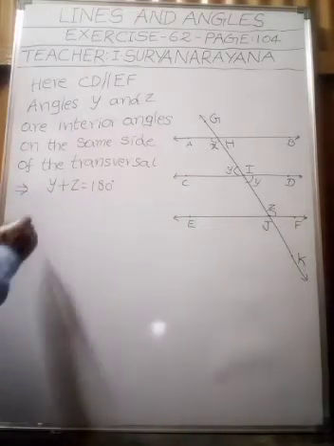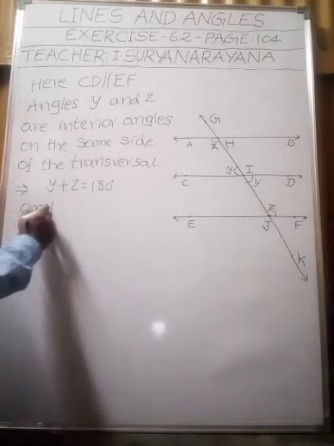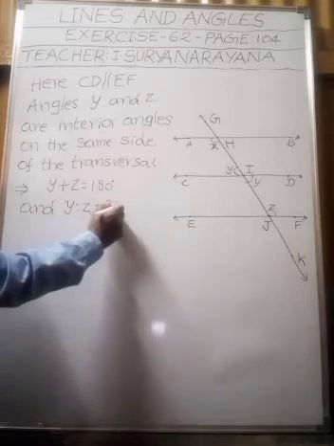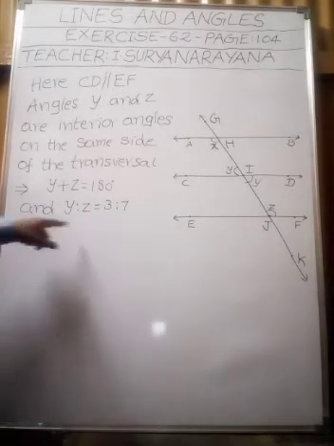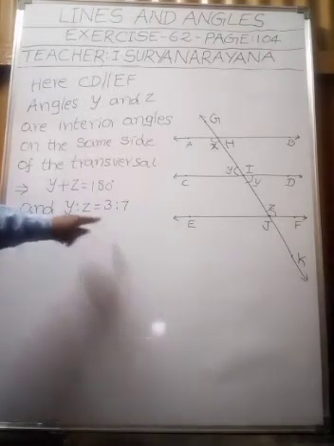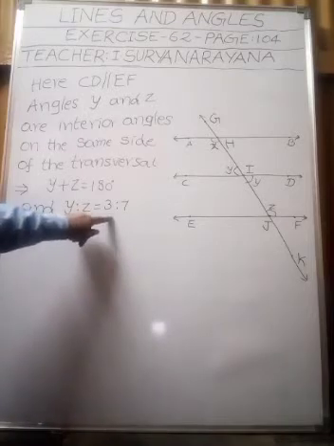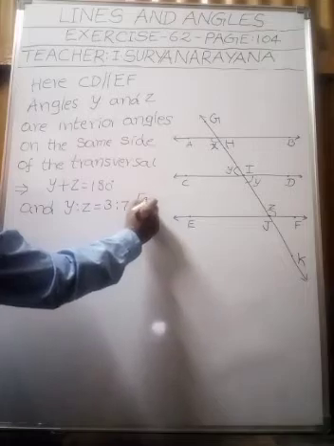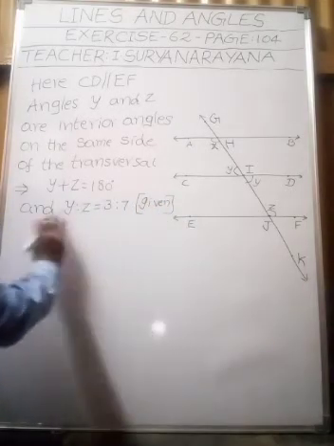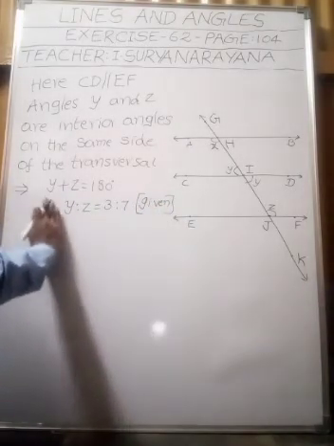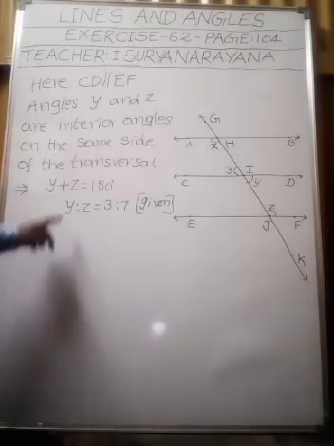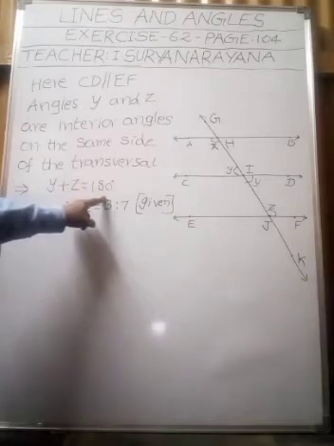And it is given that Y is to Z is equal to 3 is to 7. It is given. Y plus Z is equal to 180 degrees.